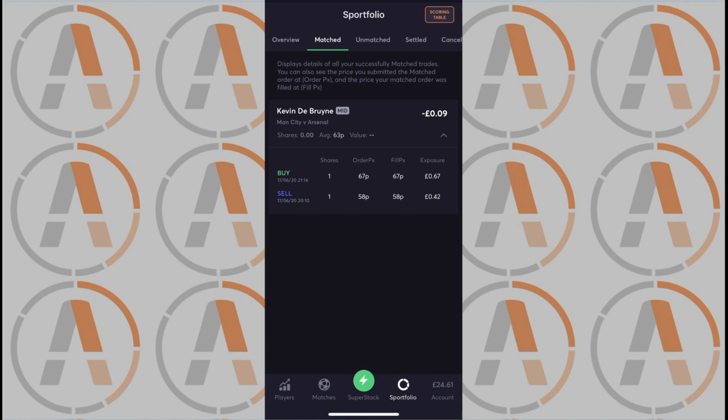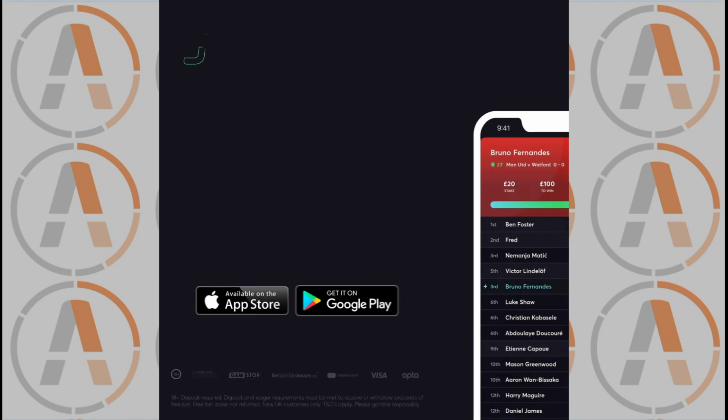What is also key is that you could let the trade run until full time. At that point the trade will close depending on that player's final payout. In this example, Kevin De Bruyne actually finished on 80p, so we made a smart move by trading out, else our losses would have been 22 pence.